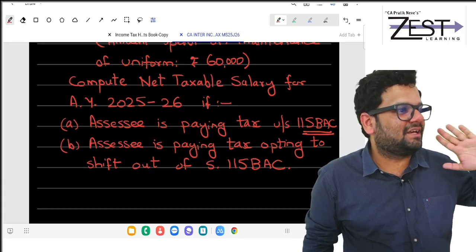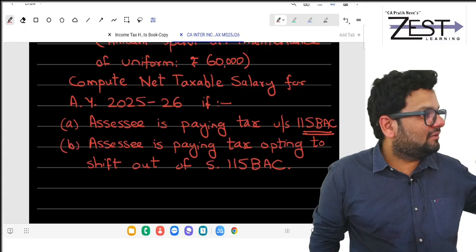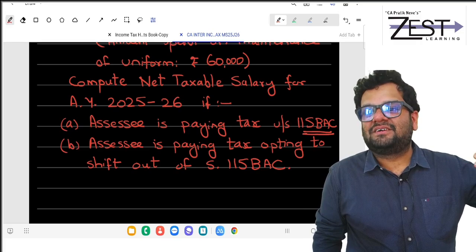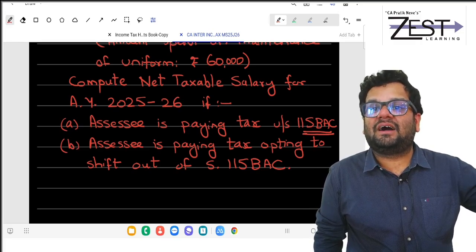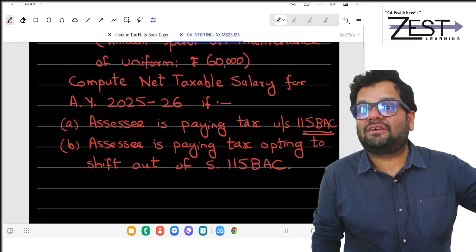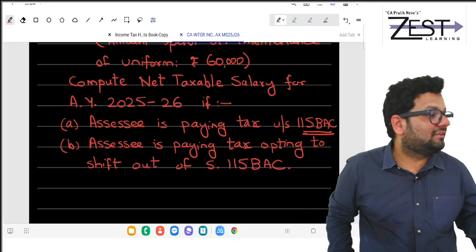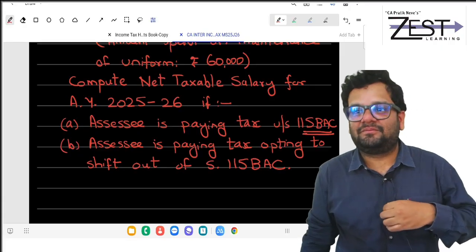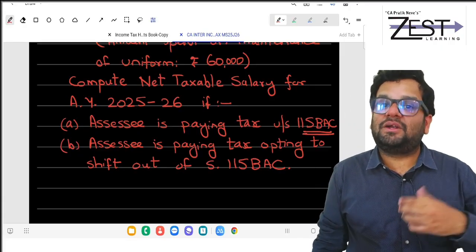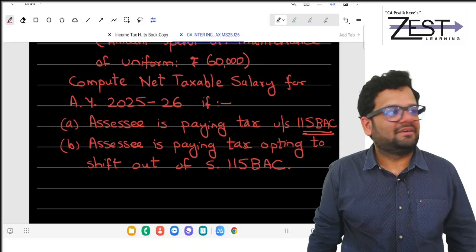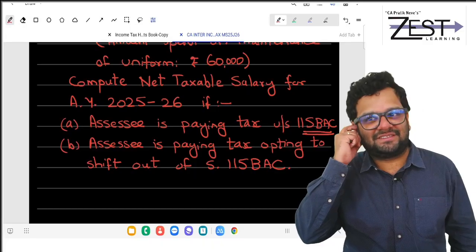Calculate net taxable salary, and then from that just minus all the allowed allowances and add back the extra deduction you have taken. How much extra have you taken? 25,000. That you will add back. Reconciliation you will do, friends.